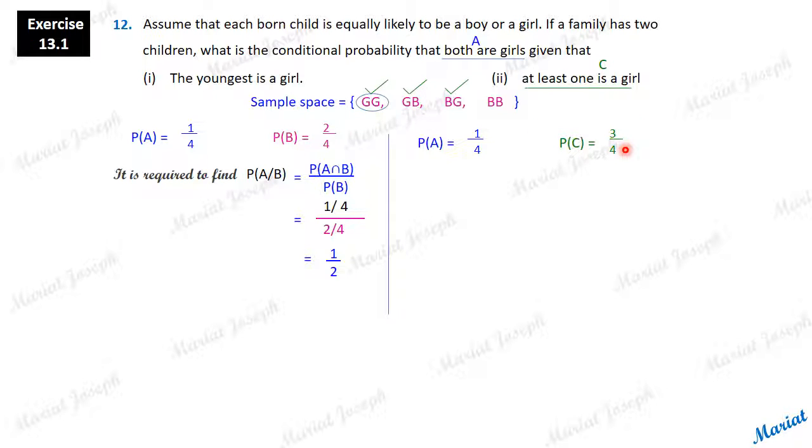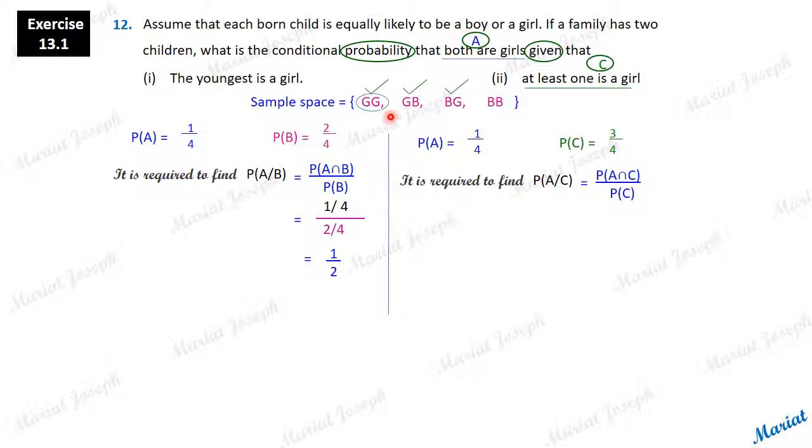Now, this time again let's observe the question. Conditional probability of A given C, probability of A given C, is what we are looking for. The appropriate formula will be probability of A intersection C upon probability of C, intersection meaning the common elements.